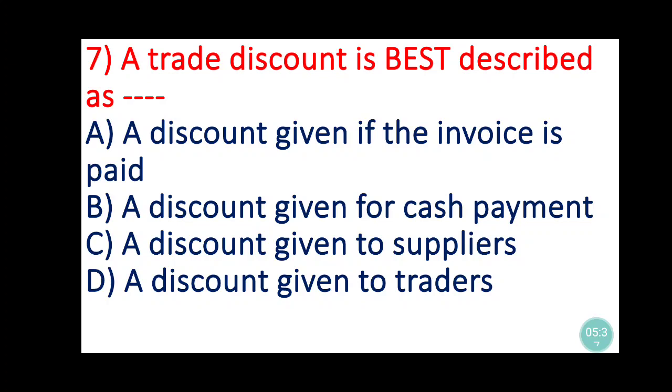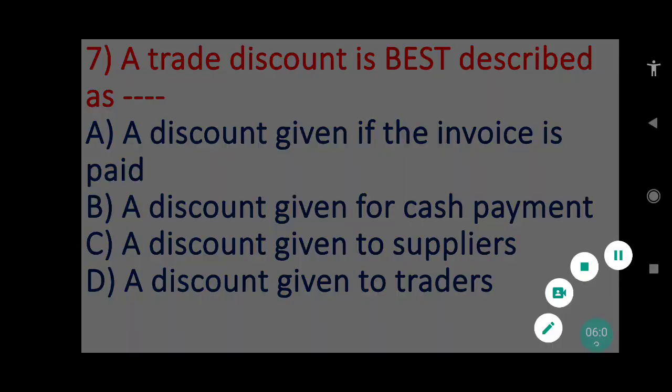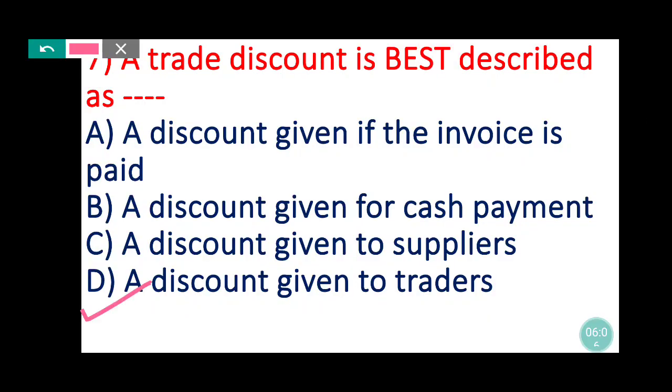Assuming a customer buys many things from the business, he or she may be given an allowance or bonus, which is called a trade discount. Cash discount means an allowance given to a customer who pays promptly or within a given period of time. So the answer here is D, a discount given to traders. See, the other options are not matching.